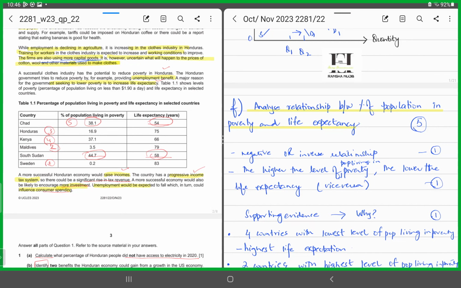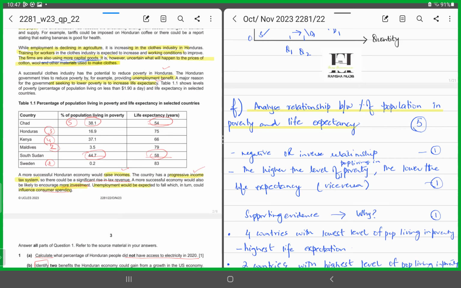So the relationship is inverse, right? It's a negative relationship. So the first thing we are going to say is that there exists a negative relationship between the percentage of population living in poverty and life expectancy. Why? Because the higher the level of poverty, the lower the life expectancy. Or the lower the level of poverty, the higher would be the life expectancy.